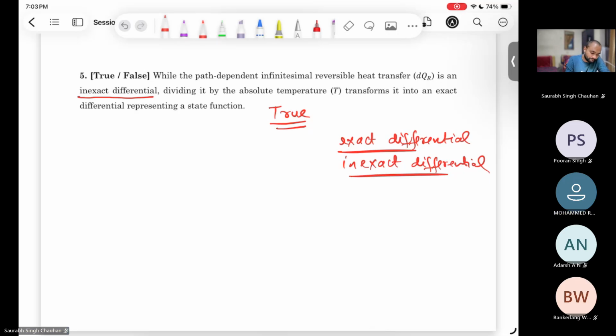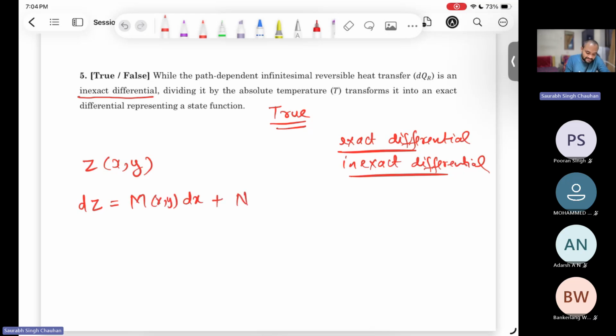And what is the condition for a differential to be exact? For example, you have a certain quantity z that depends on x and y. If you write dz is equal to M dx plus N dy, where M is a function of x and y and N is also a function of x and y.